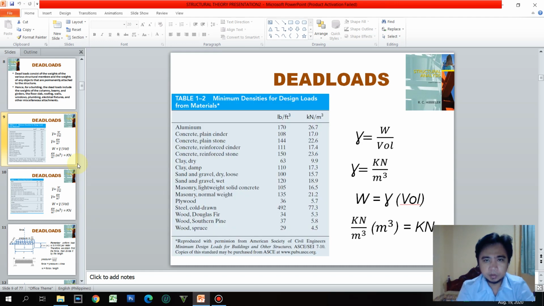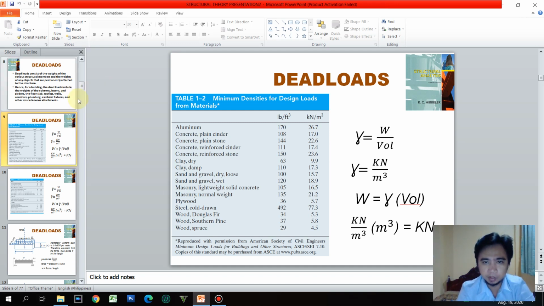Okay, now moving on to the codes. So there are available codes relating to the unit weight or minimum densities for the design loads from various materials in engineering.